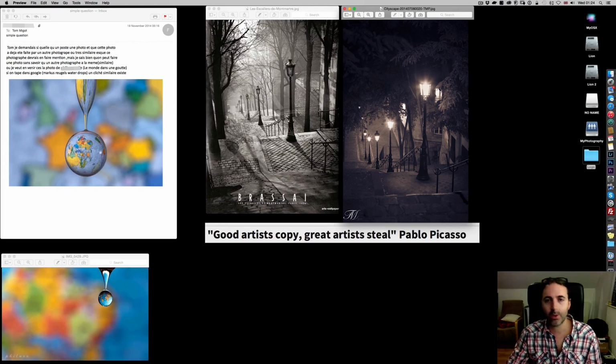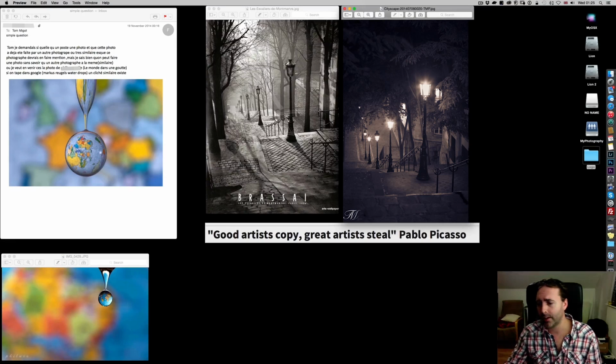It's the same location, it's the same staircase. It's not the same time of day, it's surely not the same angle, it's not even the exact same location because it's not the same level in the staircase, but Brassai was a direct inspiration of mine. There's no doubt about it. And I clearly stated it when I published that image. That was my little Brassai.